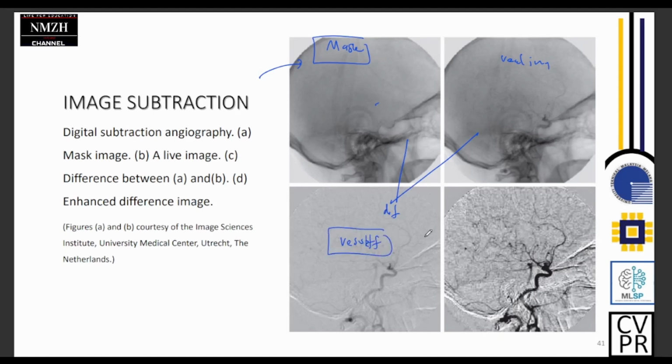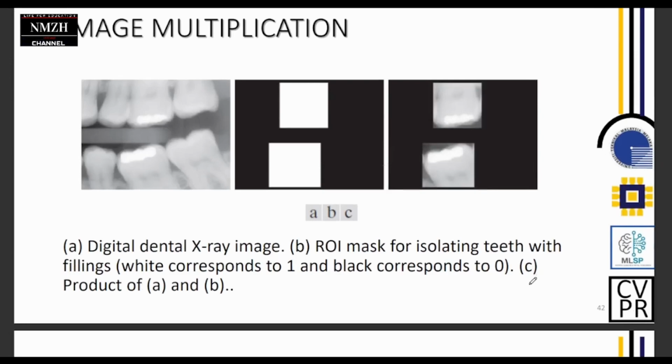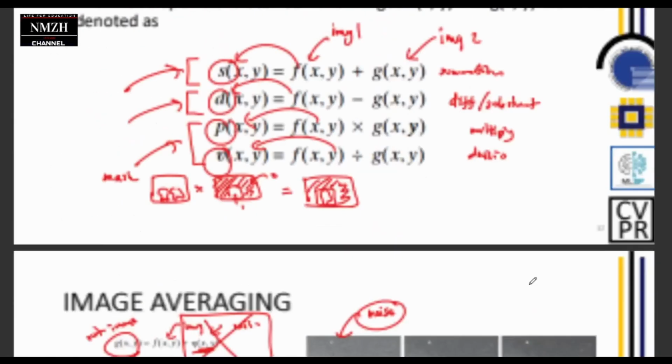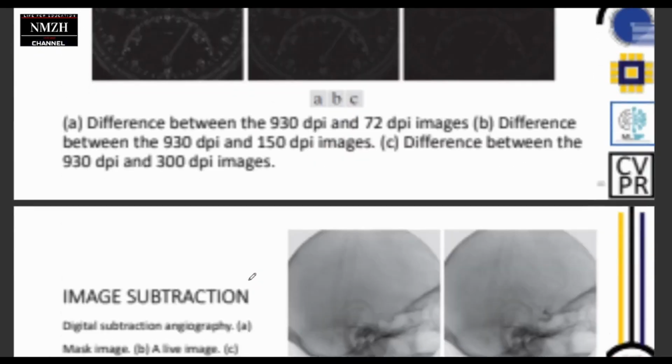Okay, but when we enhance the differences between the images, we can see the clearer things that happen in the blood vessels, especially here. So that would be the power of subtraction in image processing, whereby we need to enhance the differences between images.